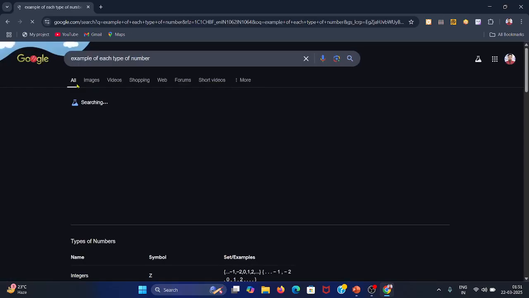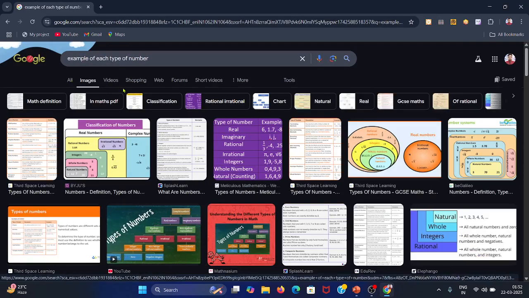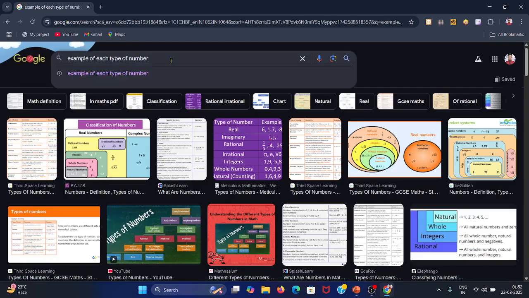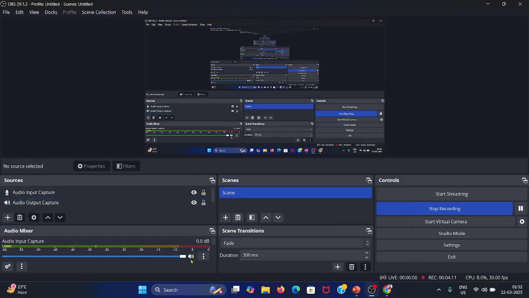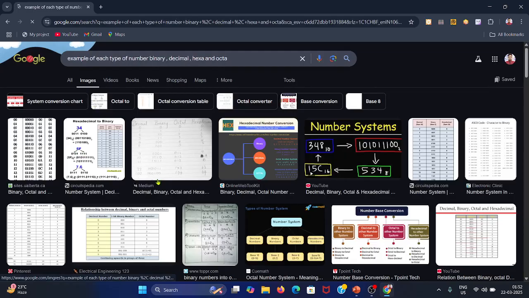Let's see if it's giving results. If not, then I will show you each type of number. Just a second, let me check, yeah, it's running actually. So binary, decimal, hexa and octal. Different types of numbers are actually there.